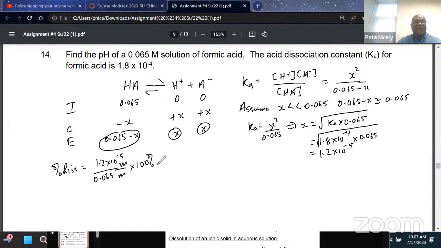We multiply that fraction by 100. So let me do that now. 1.2 times 10 to the minus 5 divided by 0.065 times 100. According to my calculation, this works out to be equal to 0.018%.